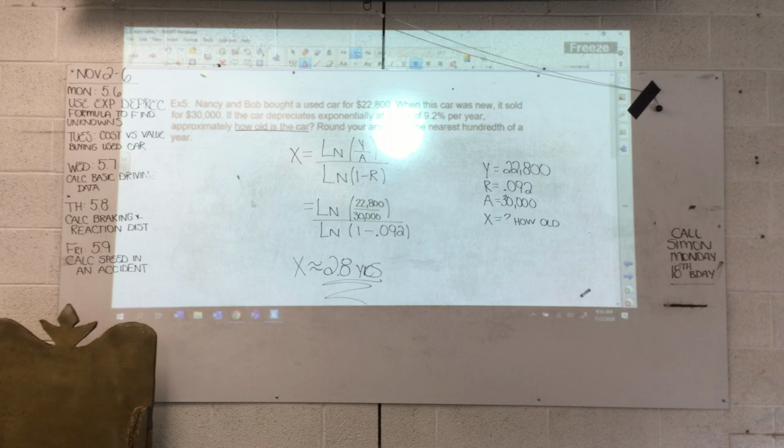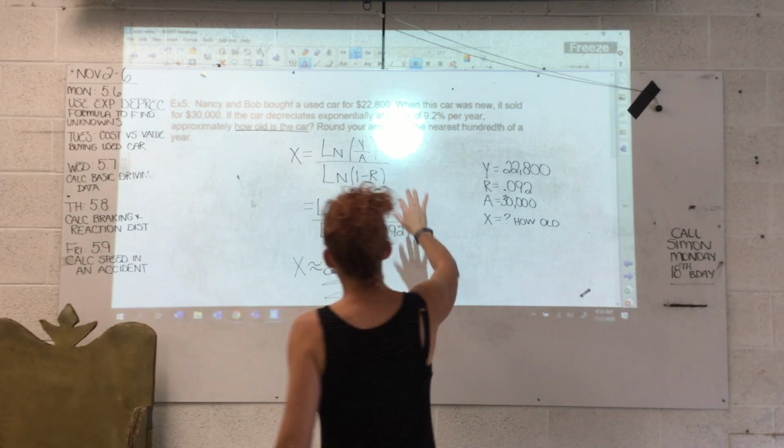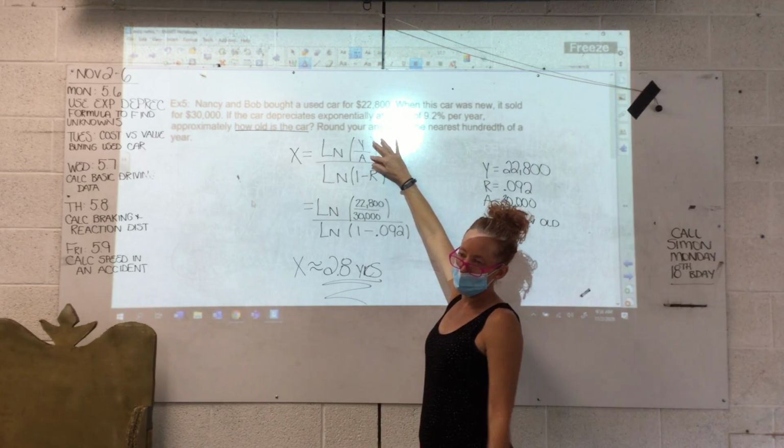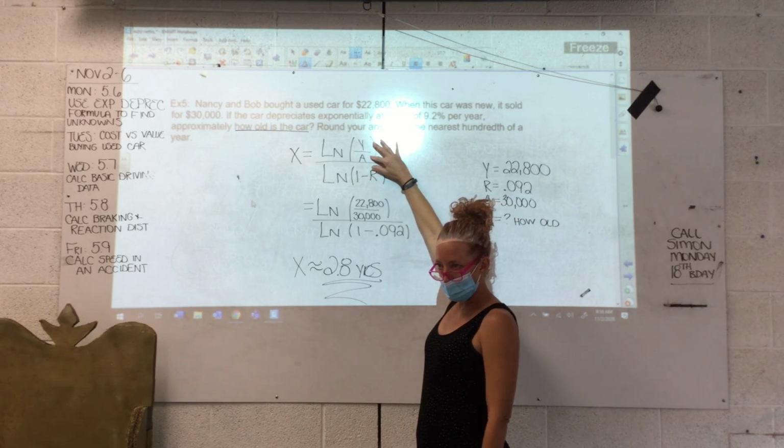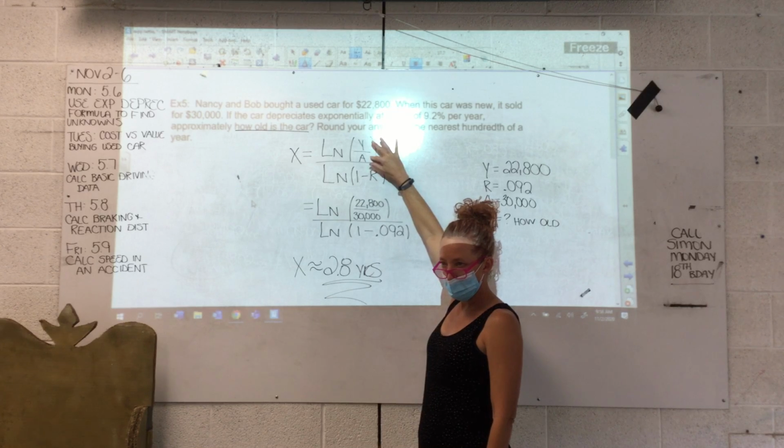So I'm guessing you put the wrong number on the bottom of the fraction. The bigger number always has to go on the bottom. The A is the new price. A is bigger. I just got done doing this little song and dance. A is bigger, A is bigger, A is bigger. A is the new price.